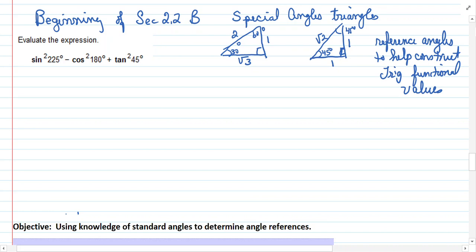So here we are. We're now looking at the sine of 225 degrees and the cosine of 180 and the tangent of 45. So let's first look at our reference angles. All right, the 225 is right here.